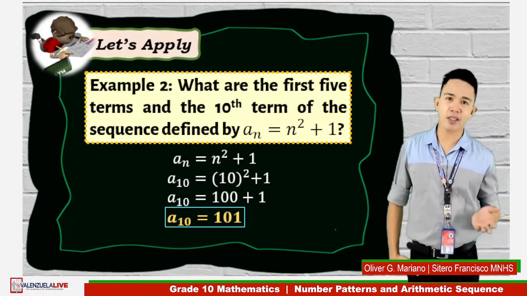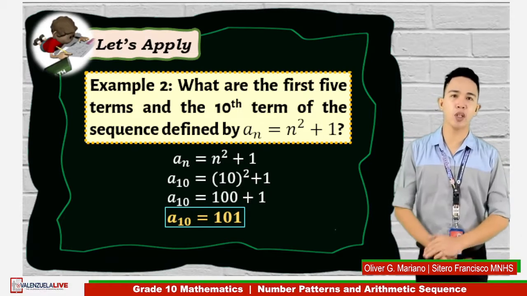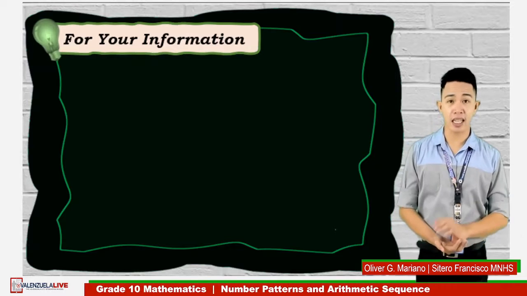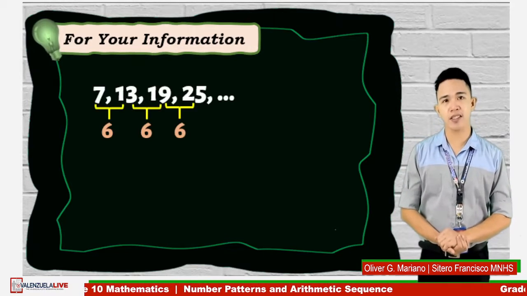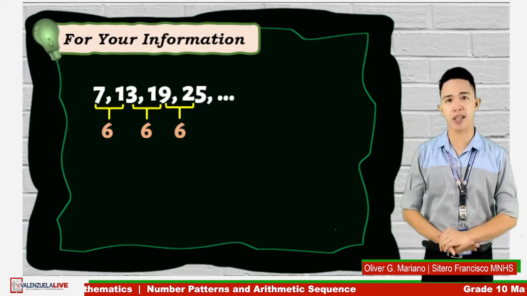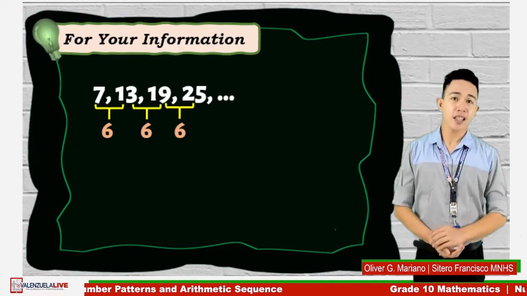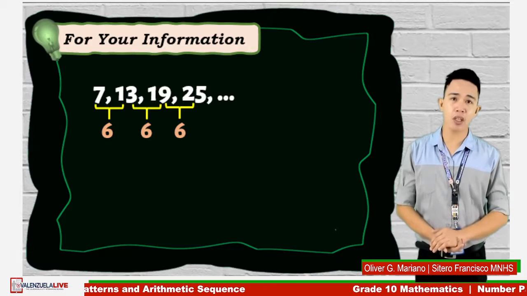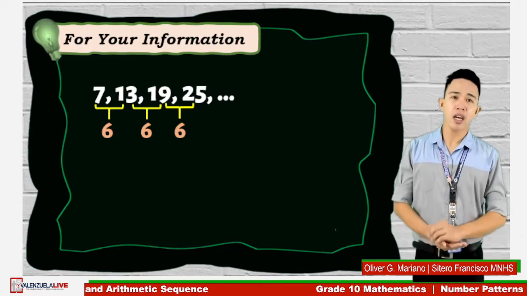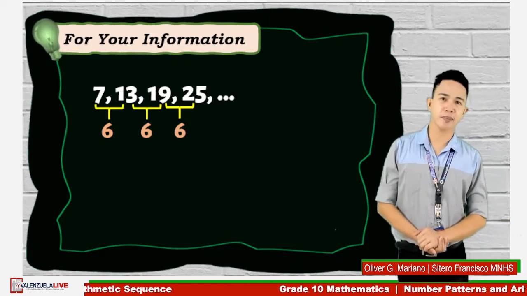Let's look back to the sequence given in example 1. Again, the difference between the successive terms here is constant, which is 6. This, in fact, is an example of what we call an arithmetic sequence.